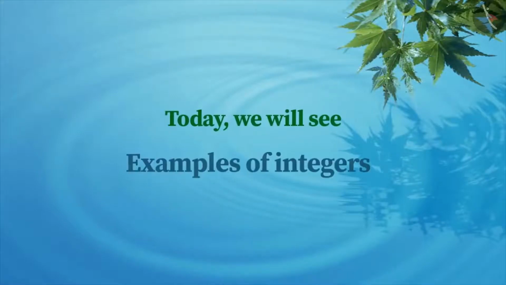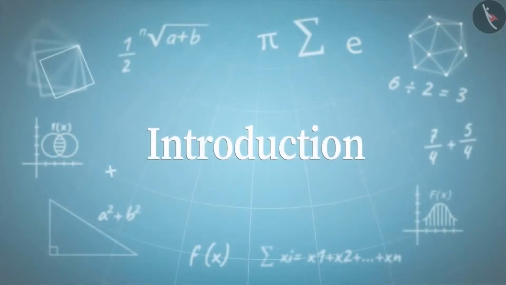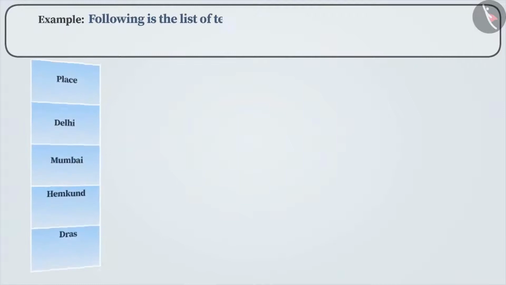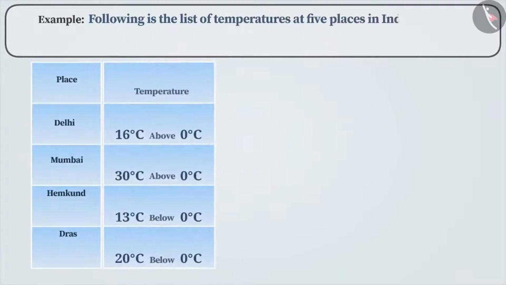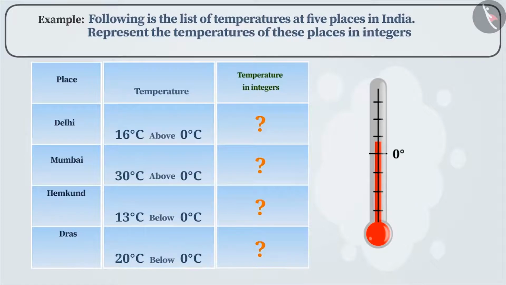Today, we will see some examples of integers. Example 1. Following is the list of temperatures at 5 places in India. Represent them as integers. If the temperature is above 0 degrees centigrade, then it is represented as a positive sign.